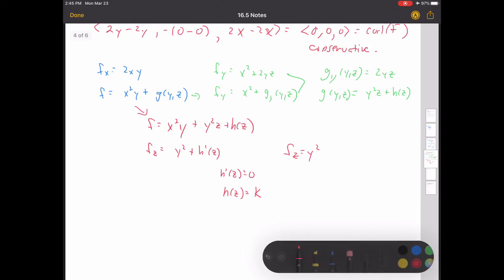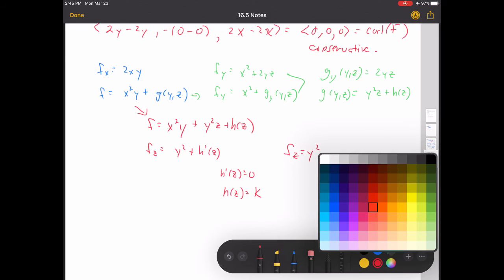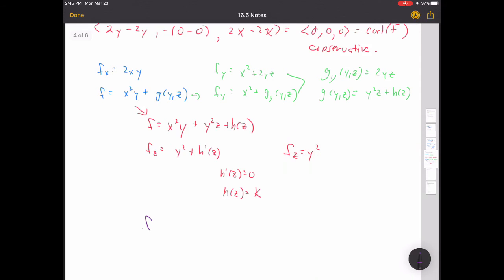So ultimately, our final result here, let's do purple. Our final result is that f, the original function that this thing came from, is x squared y plus y squared z plus k. And we're not being asked to find the line integral or anything, so I don't have to worry about plugging anything in.